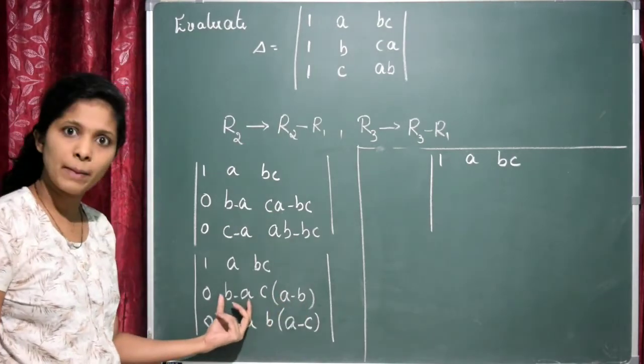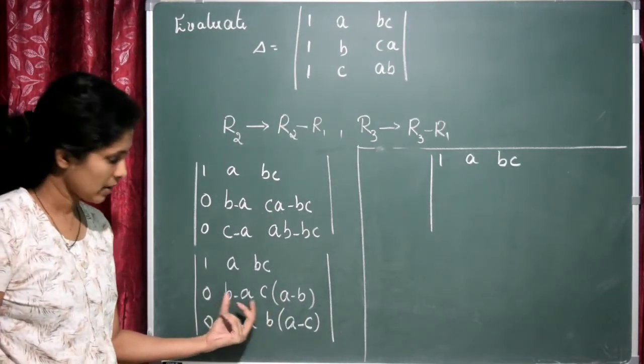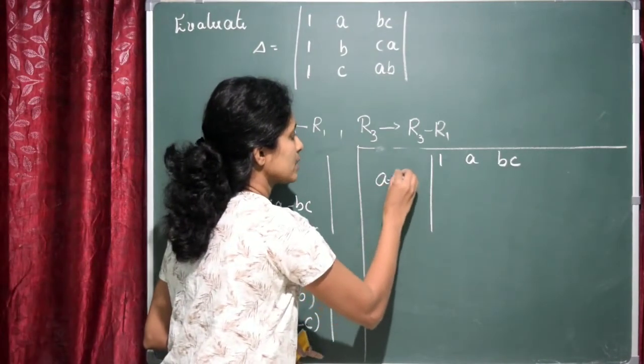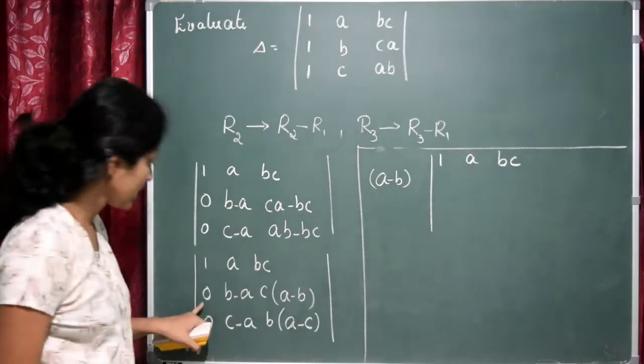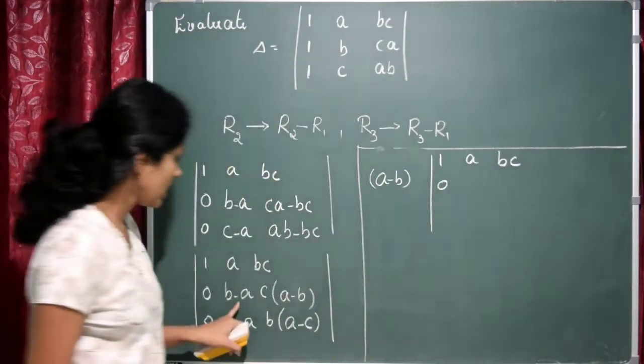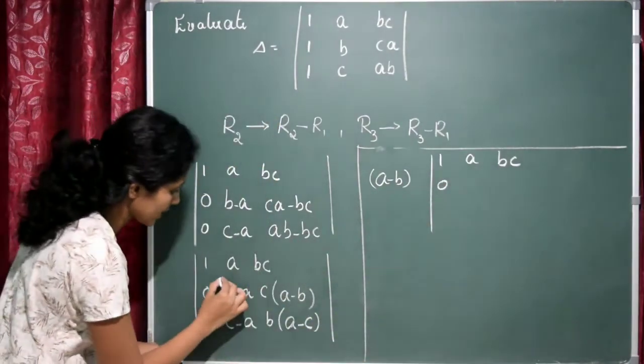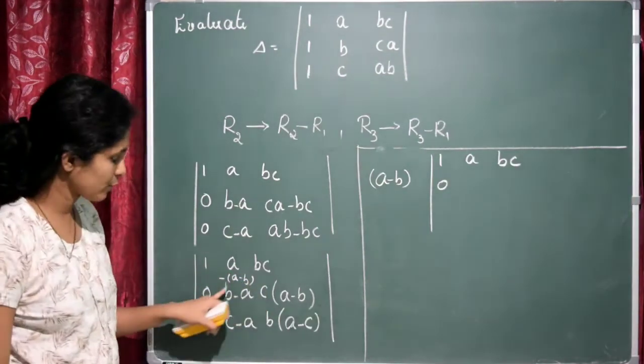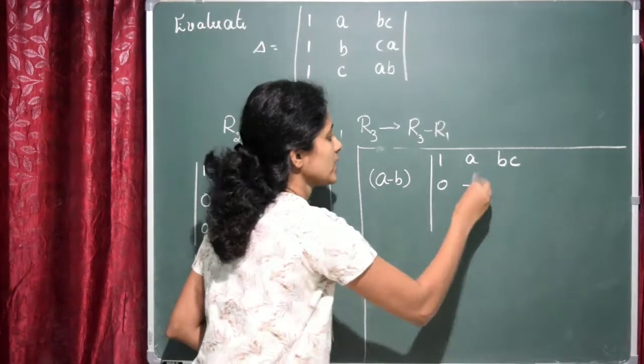Here B minus C we can write as minus of A minus B. Is it clear? So this is now minus 1 remaining.